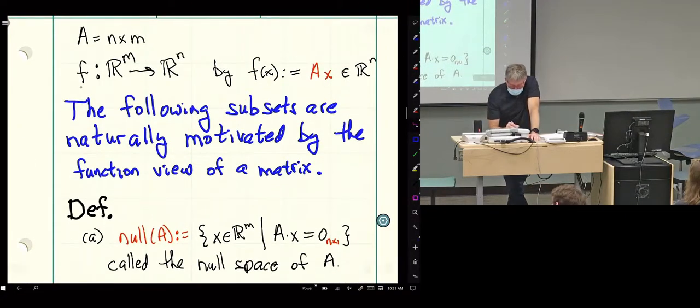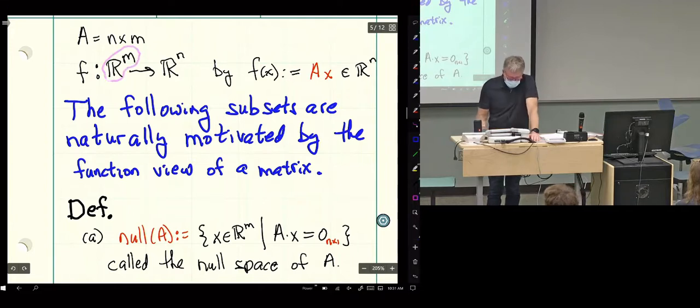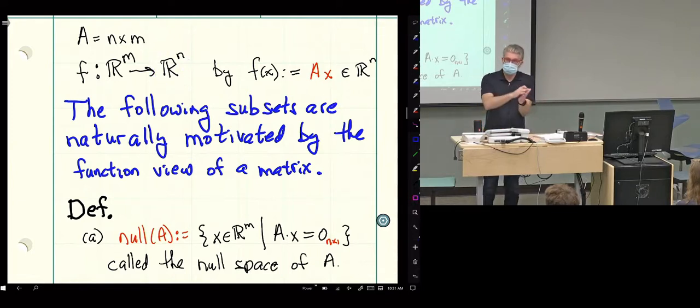So if I had a function, I can look at all of the points that get mapped into 0, that's the null space. And then I can apply this function to every single vector in Rm, and it may be true that I can land on every single vector in Rn, or it may not be true. Maybe I only hit a smaller set of vectors. So that set of vectors is called the range of the matrix.